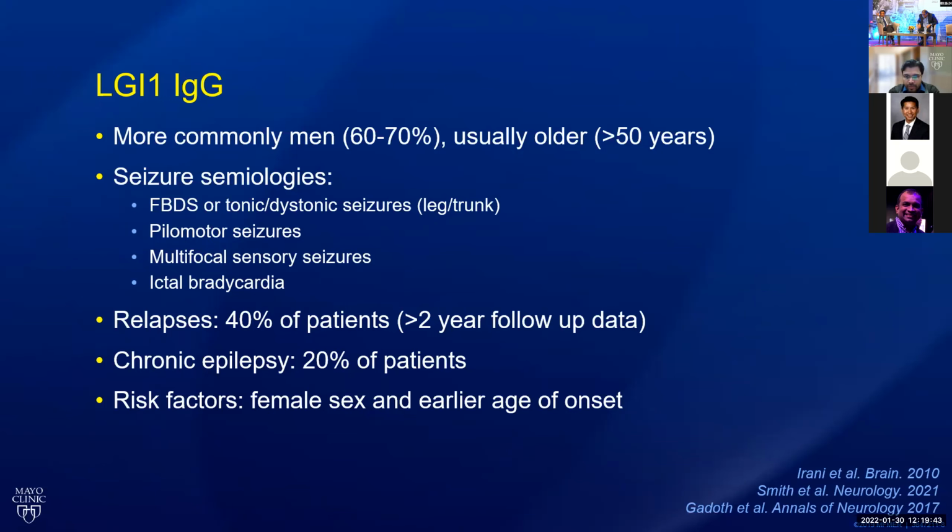And some of these patients tend to go on to develop chronic epilepsy. It's a minority of cases, but there are a few cases where even when the encephalitis phase resolves, they can continue to have seizures. In our recent study, the risk factors for chronic epilepsy included female sex and early age of onset of the syndrome.